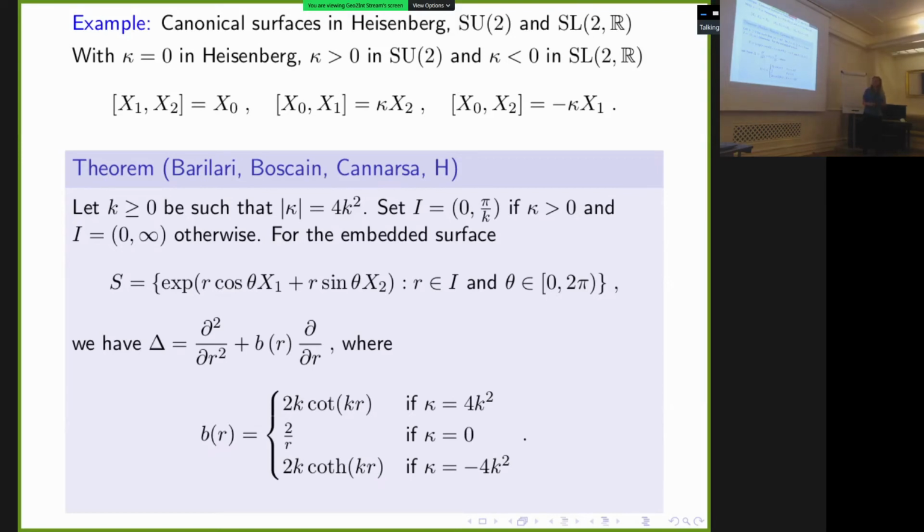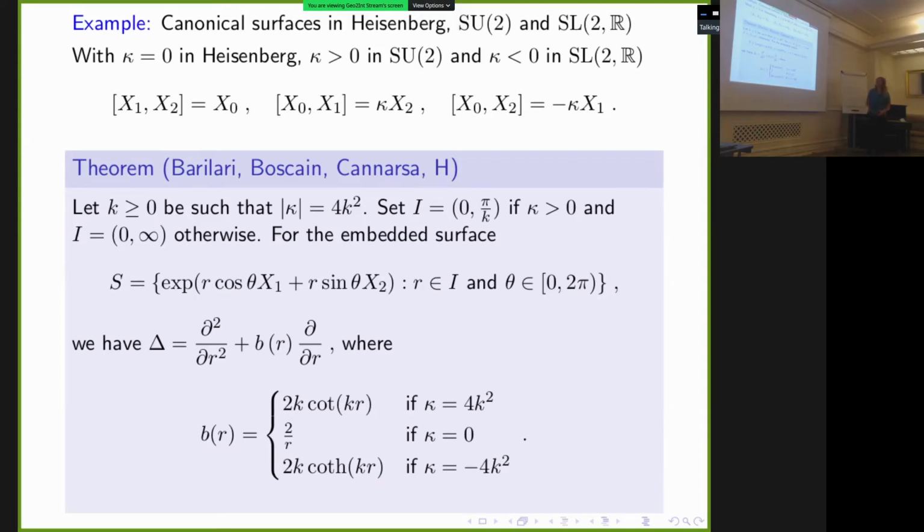In the sphere, very similar to the example I showed in the Heisenberg group, we have two characteristic points, and then your r moves on an interval between 0 and pi over k. And then in the SL2R case, you again have some sort of horizontal plane where your r just runs from 0 to infinity. And what you obtain is your essentially drift term, expressions of this form.